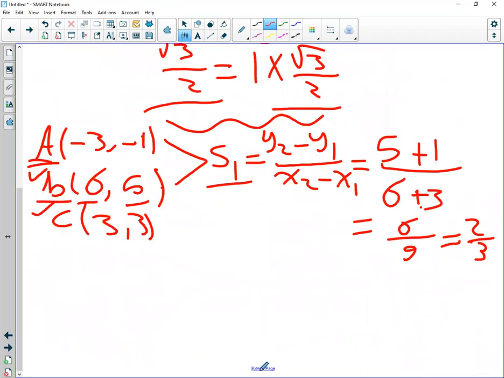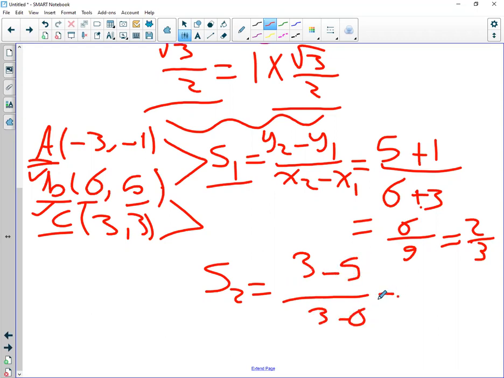And the second slope is S2, between the 2 points B and C. 3 minus 5 over 3 minus 6. 3 minus 5 equals what? -2, over 3 minus 6 equals what? -3. Negative and negative cancel, so the result is 2/3.